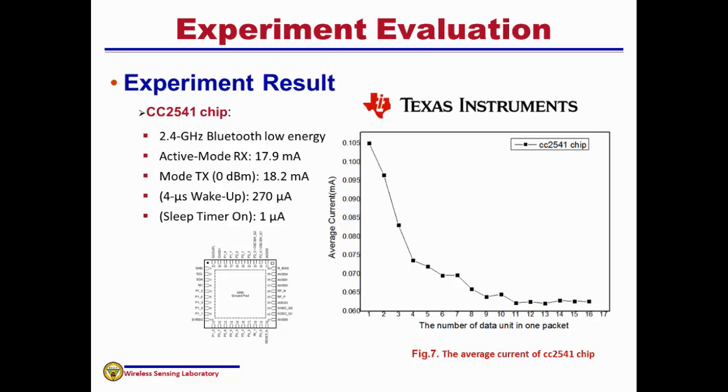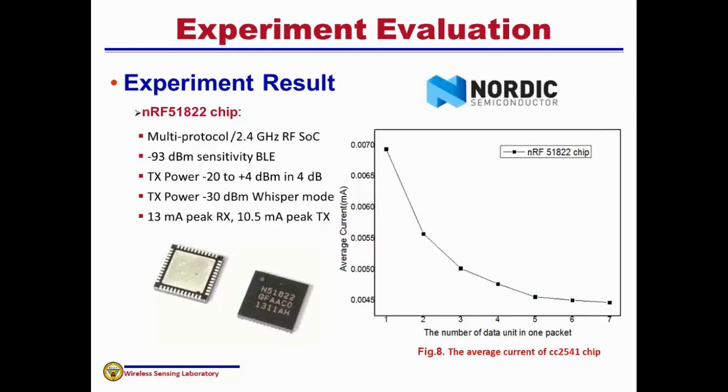And I have to say that when the number is larger than 16, the transmission is not stable anymore. So this is the result with the Nordic chip, where the largest number is 7. So the average current decreased by about 14 percent.